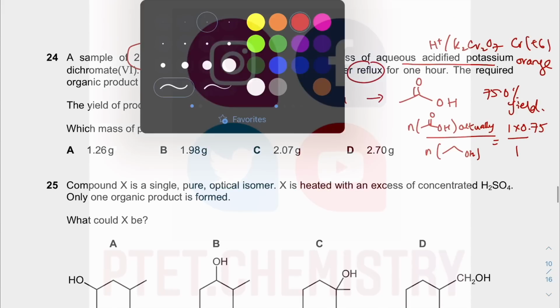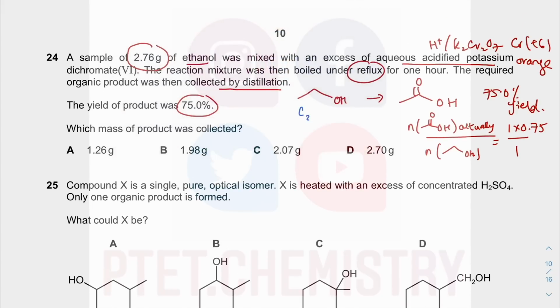If I work out the MR, this is C2H6O, so the MR is 12 times 2 plus 6 times 1 plus 16. That's 46. This is C2H4O2, so the MR of C2H4O2 is 12 times 2 plus 4 plus 16 times 2. That's 60. So I will expect to get 0.75 times 1 over 1.